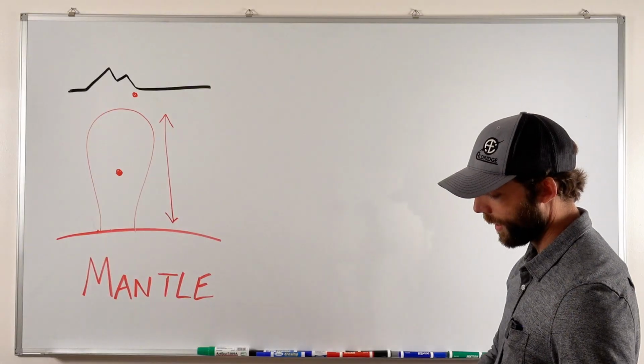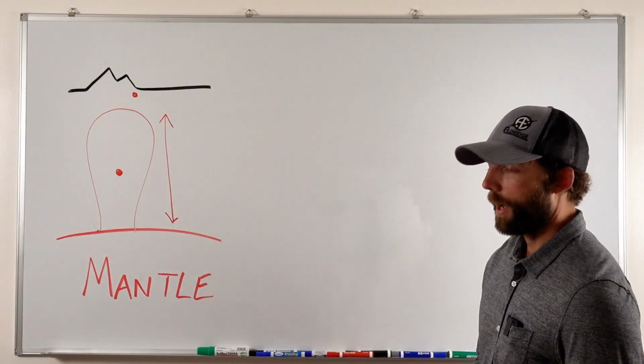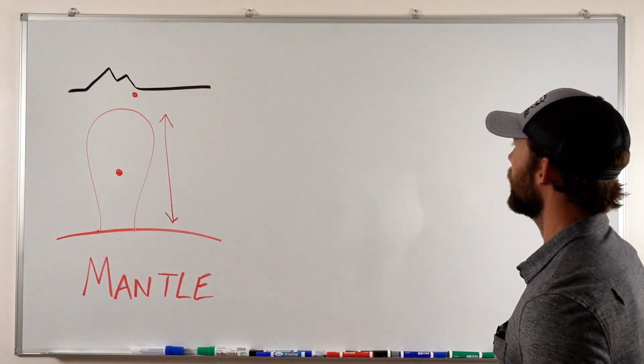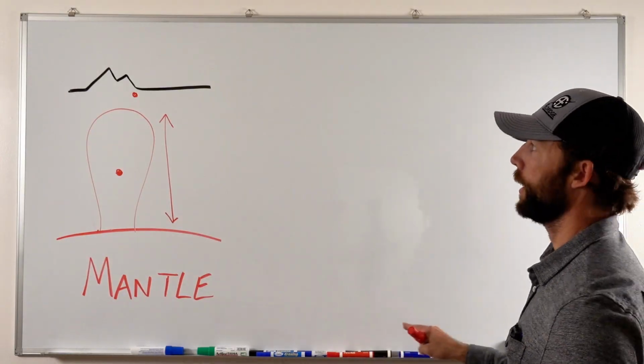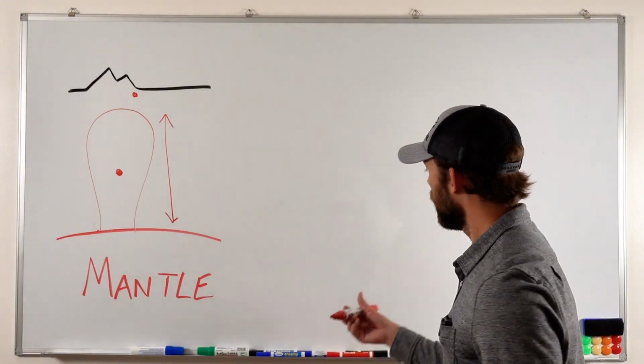And one way that I like to think about this is, what if we rewound the clock completely? And we looked at the Earth before it had a crust or anything, just the earliest days of the Earth.